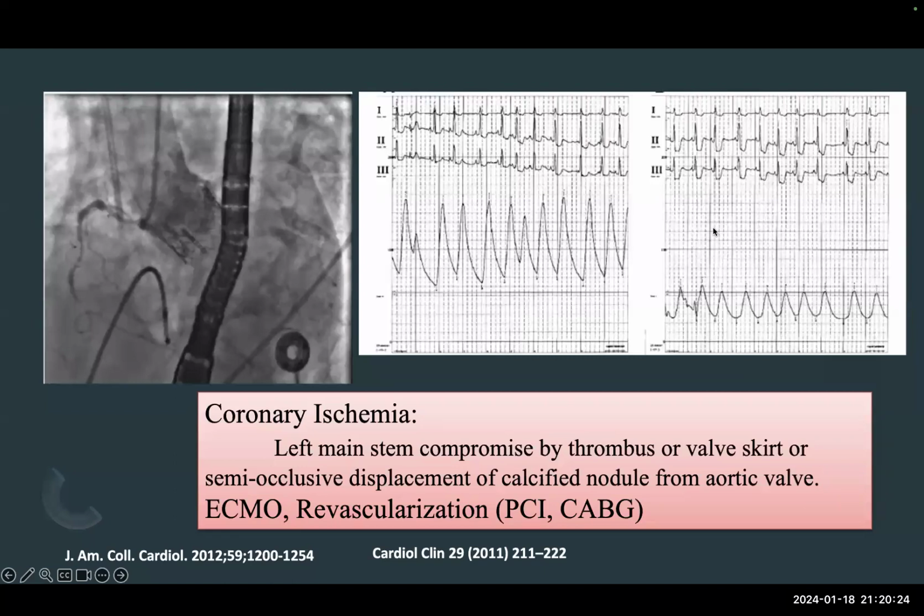In Evolut R, we cannot go more than 30 millimeters. There is an Indian company called MyVal. It can go higher than that, but we cannot use it in our patients. And at Al Habib, we only approve the Evolut R and Edwards valves.